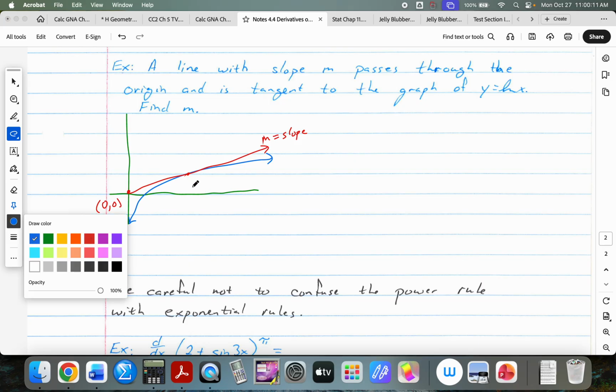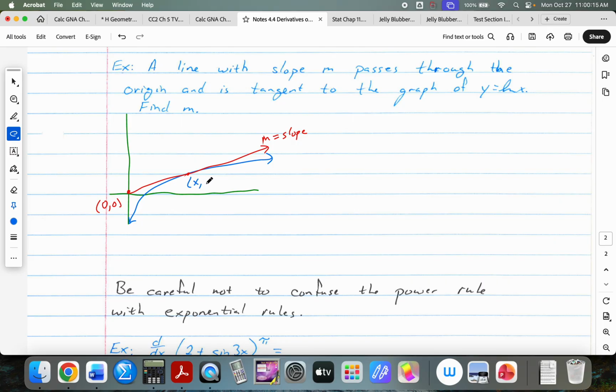Now, this point that it goes through has coordinates x, natural log of x.